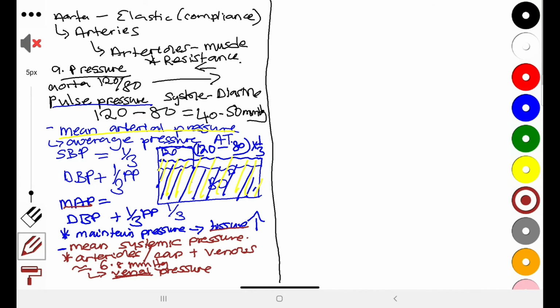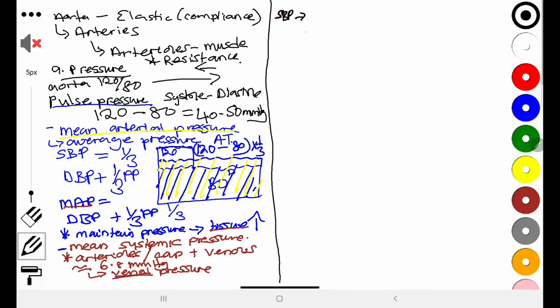Another thing that I'd like to talk about when it comes to pressures is the dependency. Systolic blood pressure is highly dependent on what is happening during systole.